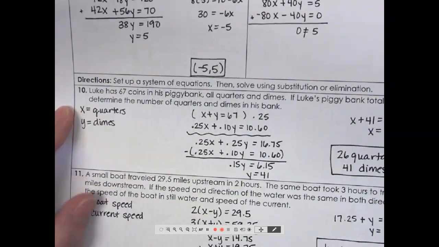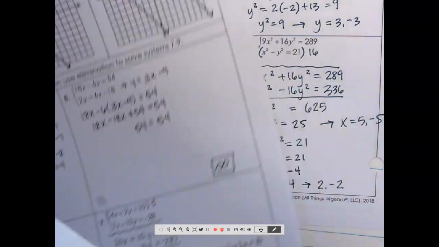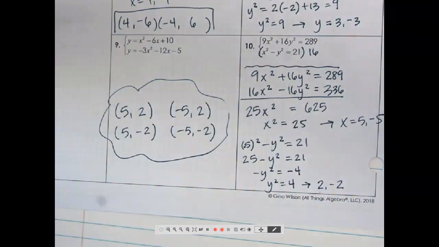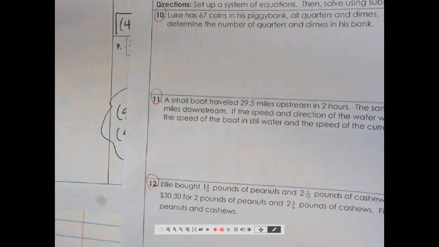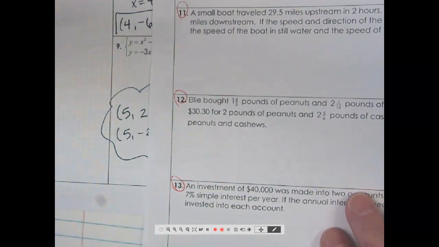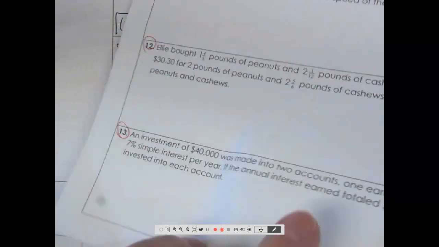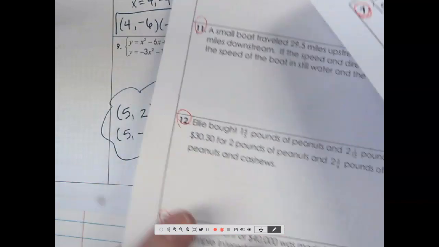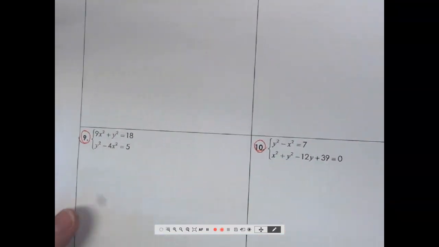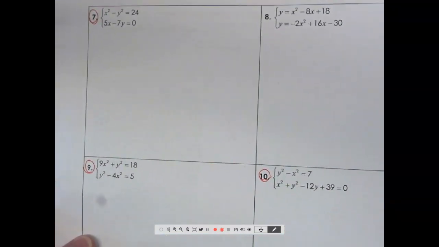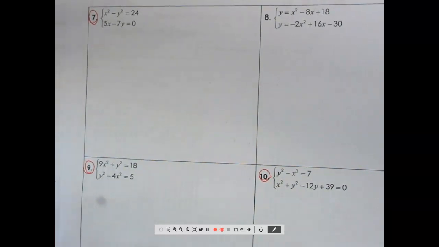We are going to do number 10, 11, 12, and 13. And then we are going to add to that mix on the last page 7, 9, and 10. So the word problems 7, 9, and 10. Got it?